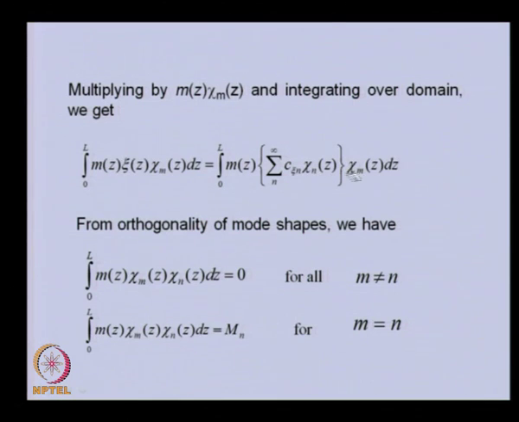Whenever these two functions have the same subscript, this particular term is some constant mn, which we call the generalized mass, and if they are not the same, then it will be 0. So, using this property, this expression can be simplified.